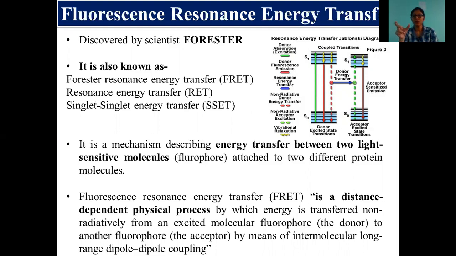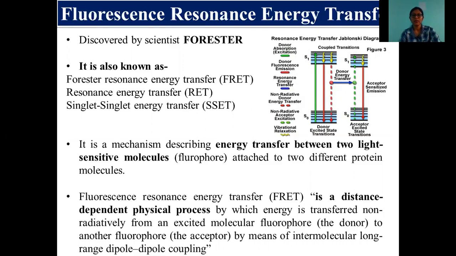That state of electrons is known as the singlet state, and that's why this technique is also known as singlet energy transfer, because the energy transfer takes place from one fluorescent molecule to another fluorescent molecule. These electrons help in the transfer of energy, and they are present in the singlet state. That's why this technique is called singlet energy transfer.